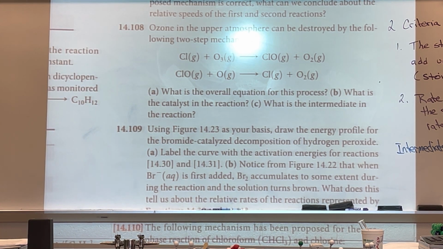So here we have chlorine plus ozone: you have ClO plus O2, and ClO plus O goes to Cl plus O2. So first off, what's the overall equation for this?